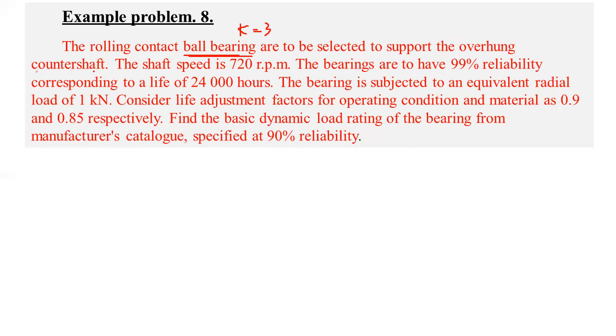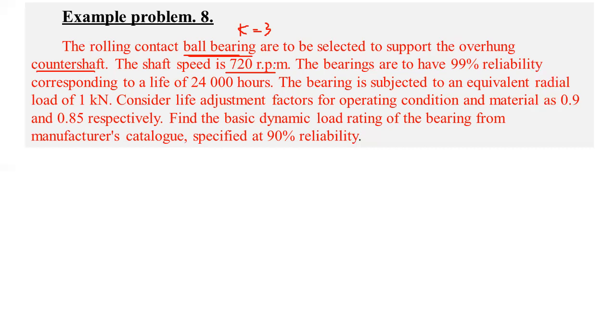So the application of bearing is given, that is an overhung crankshaft. This bearing is used to support the crankshaft. Now the speed of the shaft is given, that is n. This value is for calculating the number of revolutions, that is the life of bearing. The speed of the shaft is useful to find out the life of bearing in revolutions.